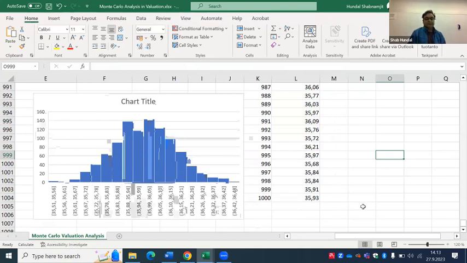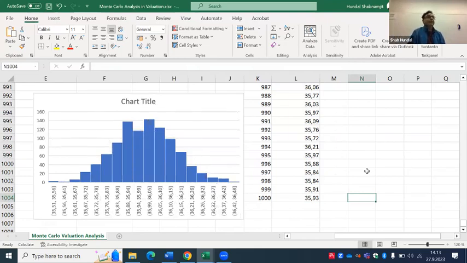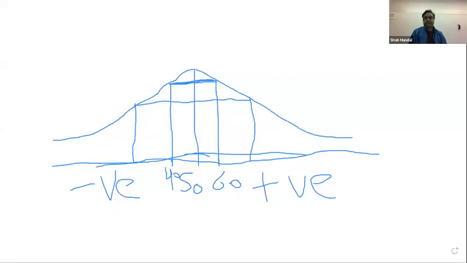Two more measures that we use are called skewness and kurtosis. Have you heard of skewness and kurtosis? Let me take a pause. This is somewhat normally distributed.